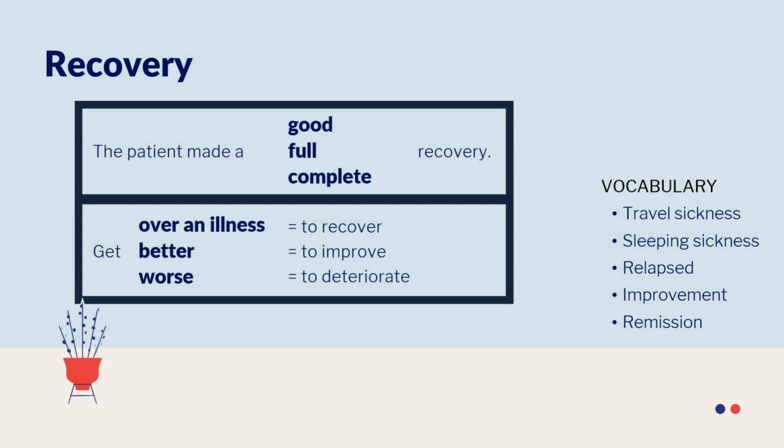If a patient is better but then gets worse again, the patient relapsed. Another word for improvement, especially in recurring conditions such as cancer, is remission. For example, 2 years later, she remains in complete remission.